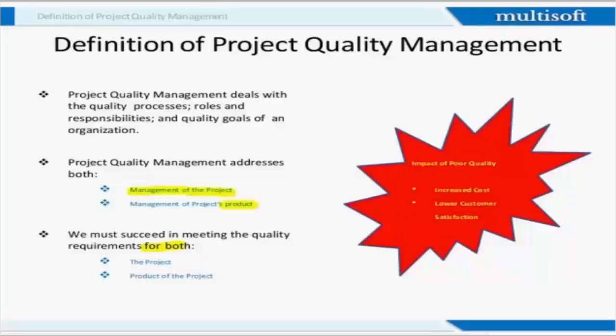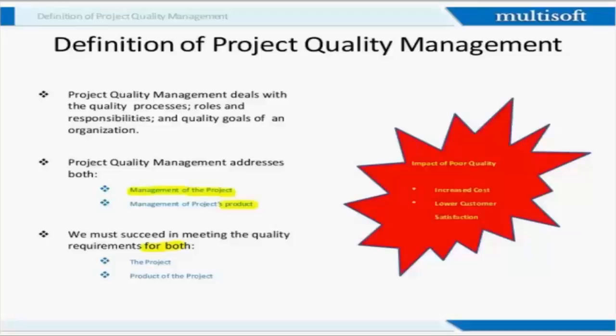So poor quality leads to increased cost; good quality reduces the cost. Technically, the cost of non-conformance goes up with poor quality, because of which my cost increases.